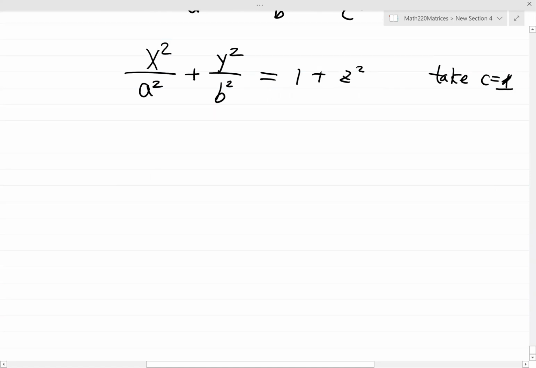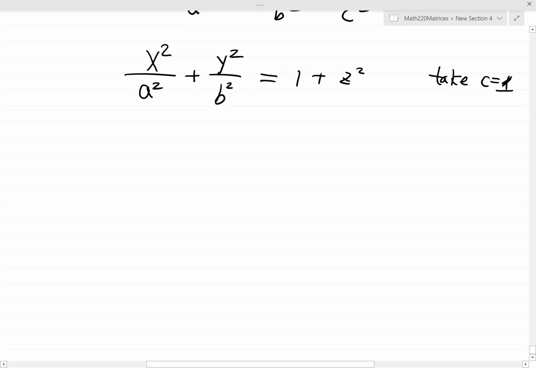For fixed z, we get an ellipse. So it's a family of ellipses such that the ellipse becomes bigger and bigger as z becomes bigger, starting from 0.